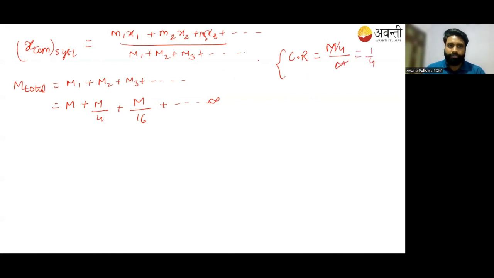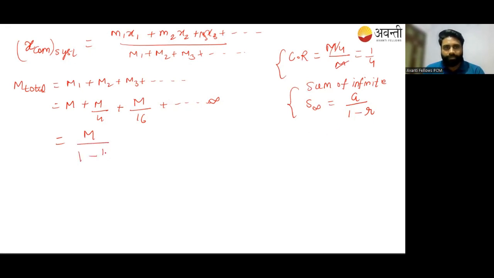So what is the formula for the sum of an infinite GP? The sum of an infinite GP is the first term upon 1 minus the common ratio. Here the first term is capital M, divided by 1 minus 1 by 4. 1 minus 1 by 4 is 3 by 4, and we reverse this, so it is 4M by 3.